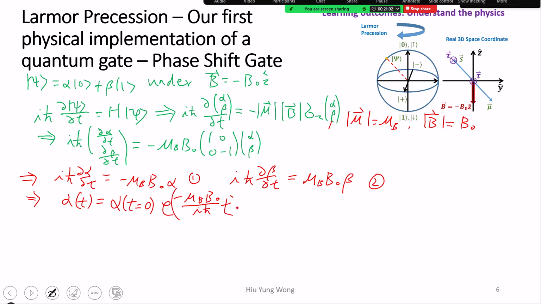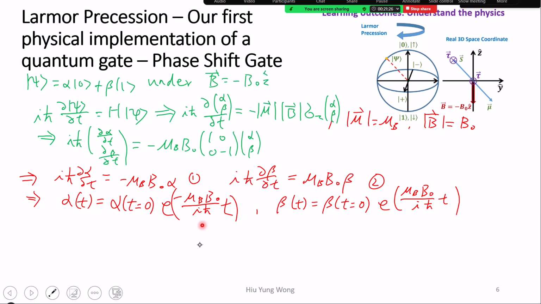Maybe I should just do this, I don't write it well. Okay? And then the other one is what? Beta of t equals beta at t equal to 0, e to the power mu B B0 divided by i h bar times t.